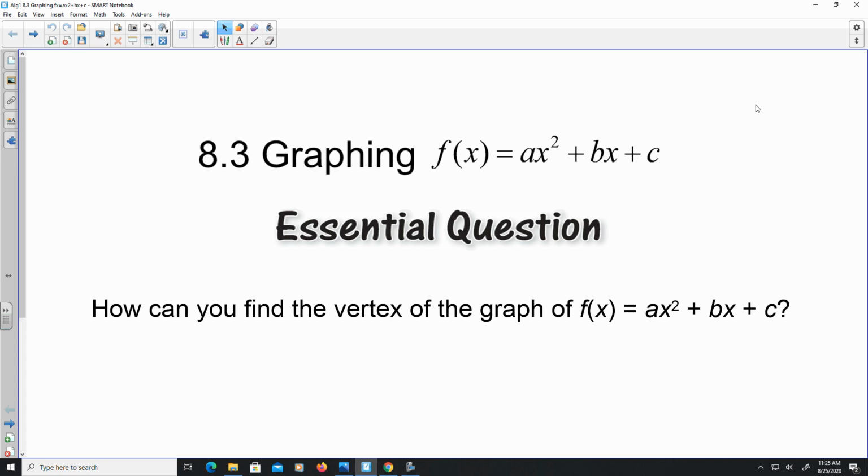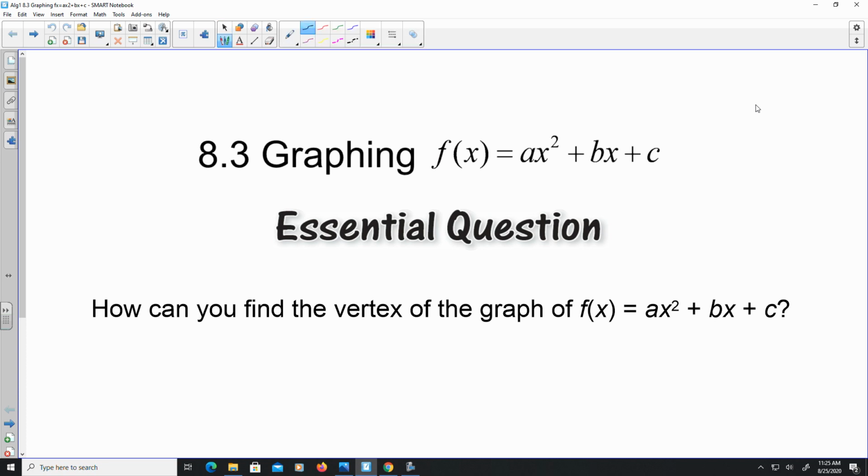In this video, we're going to be looking at section 8.3, where we're going to be graphing f of x equals ax squared plus bx plus c. So hopefully you're noticing a pattern in the progressions of this section.